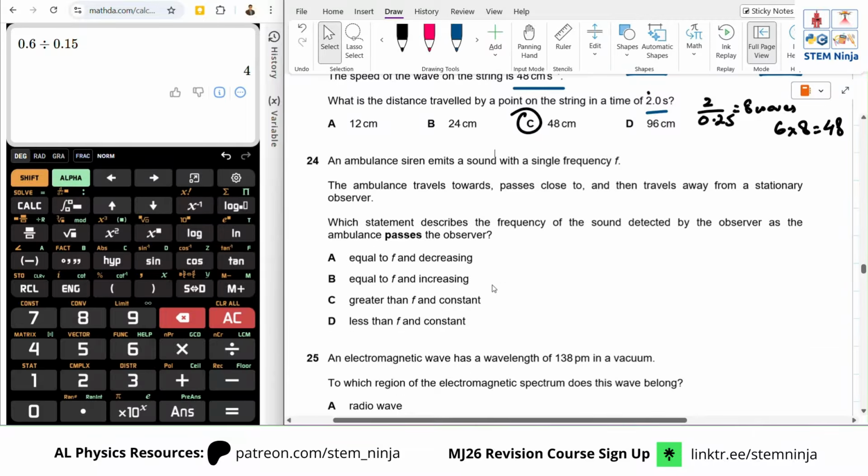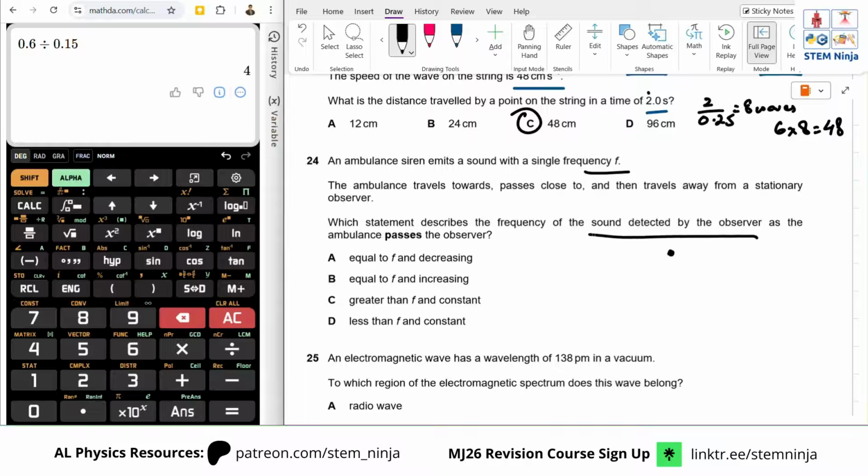Okay. An ambulance siren emits a sound with a single frequency f. The ambulance travels towards, passes close to, and then travels away from the stationary observer. So basically, if this is the stationary observer, this is how the ambulance goes. Which statement describes the frequency of sound detected by the observer as the ambulance passes the observer? So as it's closing in, the frequency will be higher than this f, and when it goes away, it decreases from the value f.